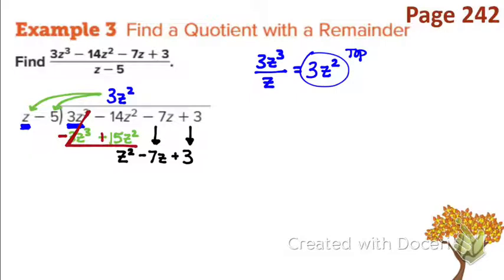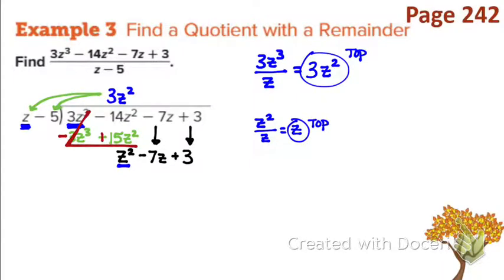How many times can z go into z squared, this front piece right here? So z squared is up on the top. Z is on the bottom. How many times can z go into z squared? 1z times. This goes up on the top.